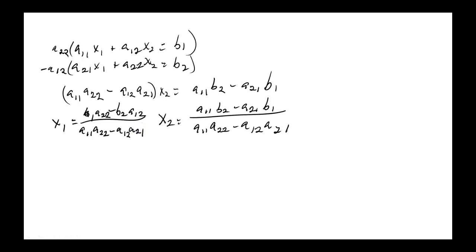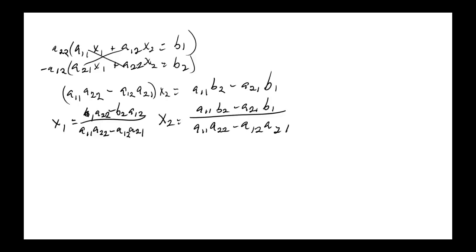Something to note there: your denominators are identical, right? Those denominators are the product of your main diagonal minus the product of your other diagonal. That's what we define to be the determinant of that original matrix. Now, what else did we do?